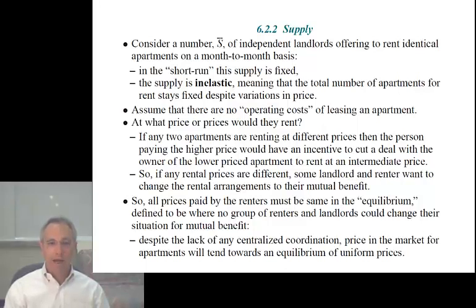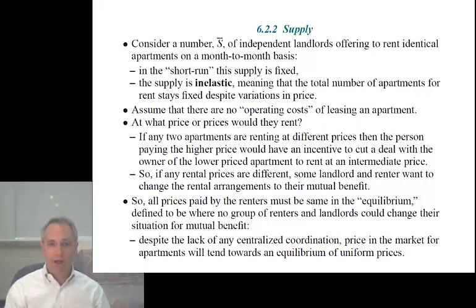So the question we might ask is, at what price or prices would these landlords rent? Let's think about a few hypothetical situations. If any two apartments were renting at different prices, there's two people, let's say, one's paying a higher price, one's paying a lower price.